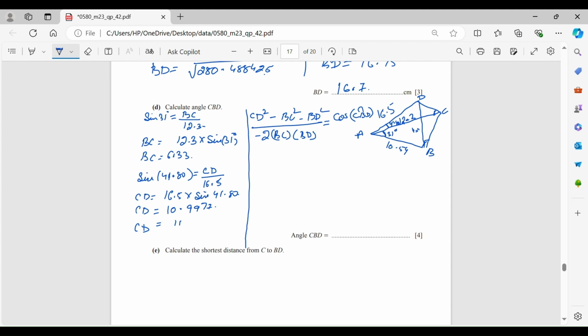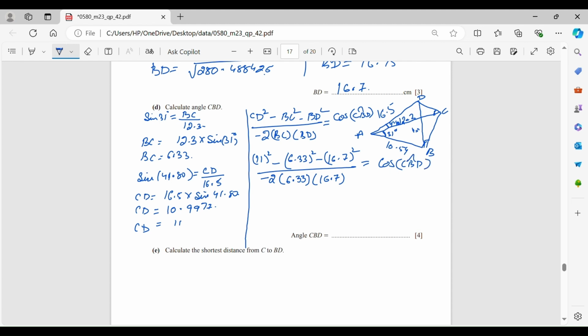We substitute the values: 11 square minus 6.33 square minus 16.7 square over minus 2 into 6.33 into 16.7. This will be equal to cos of angle CBD.